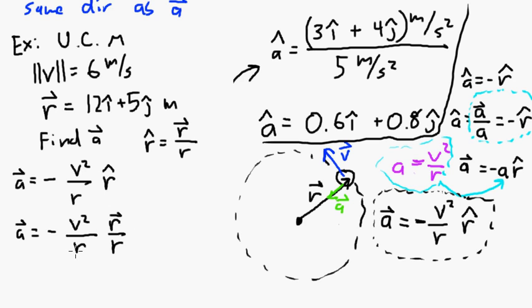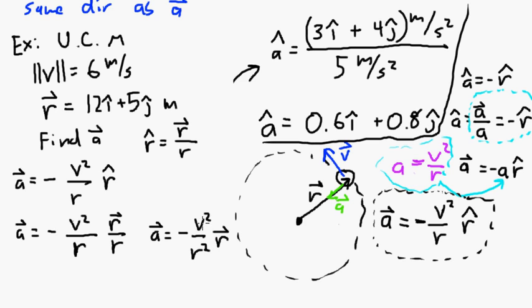Don't pay more attention to what I write than what I say, because I'm stumbling over my tongue a lot. But what this gets us is that the a vector is going to equal negative v squared over r squared times the r vector.